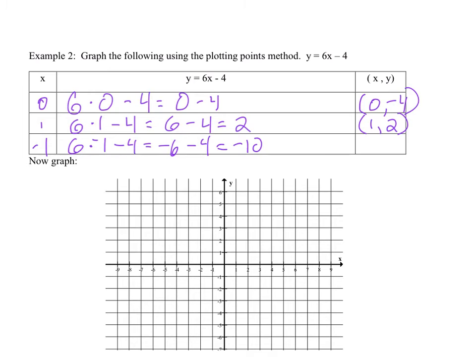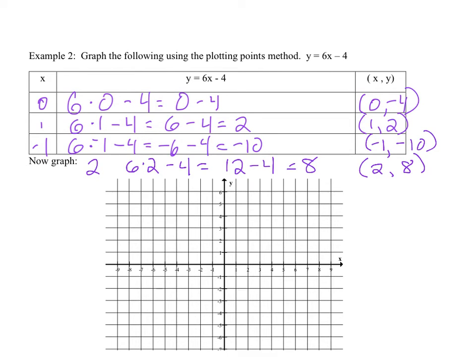So I'm going to step back upwards and try 2, since we already did 1. So that's going to be 6 times 2 minus 4, which is 12 minus 4, or 8. So not only would I have negative 1, negative 10, I would have 2, 8.